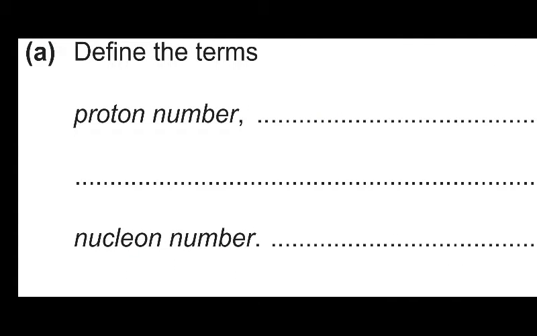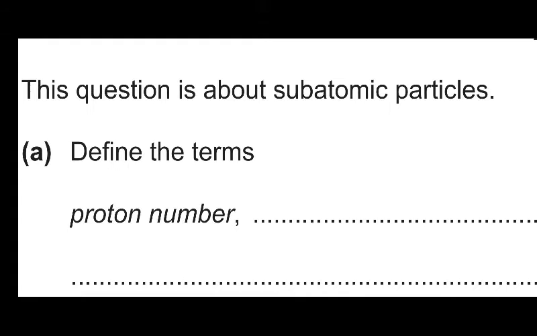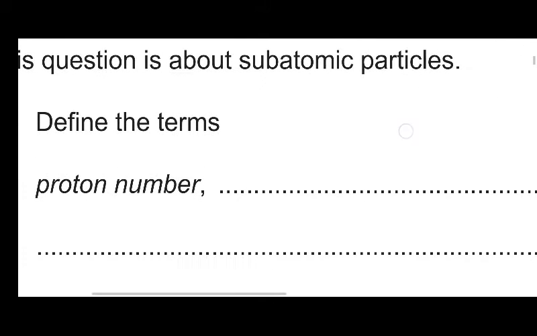Remember that a proton number is the same as saying atomic number. And we said atomic number or proton number is the number of protons in the nucleus of an atom. As simple as that. So in defining proton number, you can just say it is the number of protons in the nucleus of an atom. Okay, good. All right.